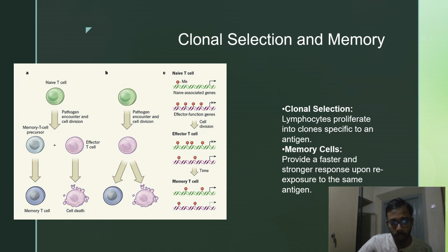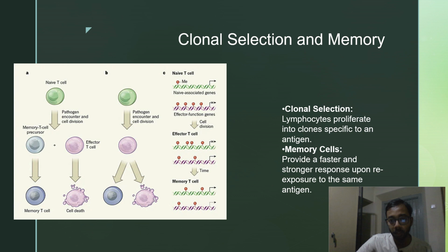At the same time, by clonal selection, these T and B cells divide and produce a clone of cells that are specific to that antigen, in our case the COVID-19 virus. These memory cells are in circulation in your blood.